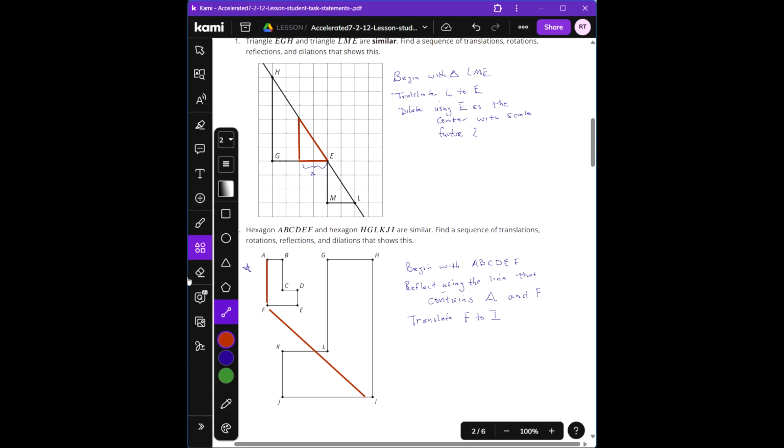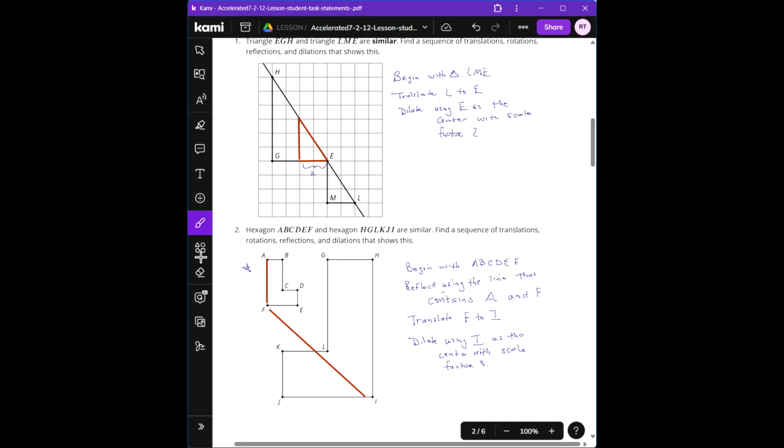And then what we're going to do is we're going to dilate using I as the center with a scale factor of 3. Okay, so you're going to need to measure.